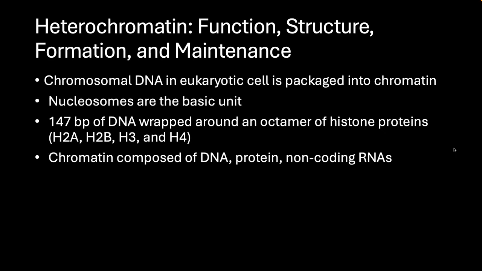So chromatin remodeling, which we have previously introduced, involves changes to the structure of chromatin in our nucleus. Recall that our basic chromatin structure involves our DNA wrapped around histone octamers. In addition, this structure also includes non-coding RNAs, which can be important for targeting which genes are selected for remodeling.